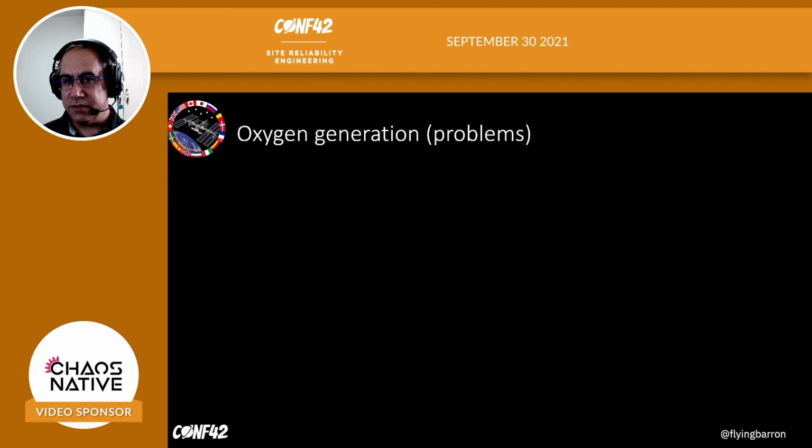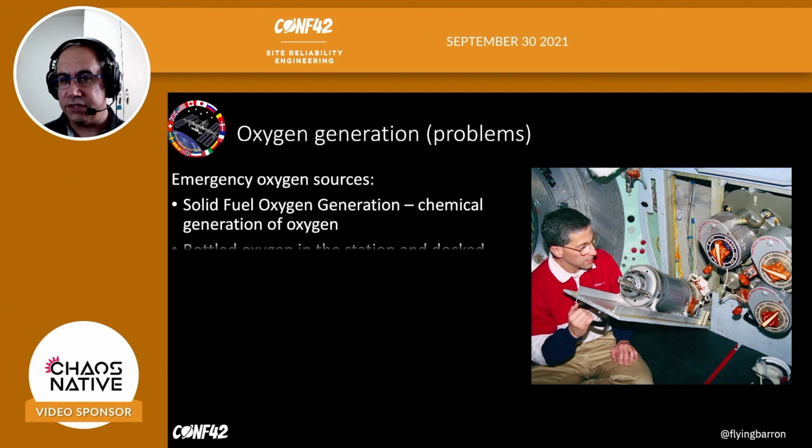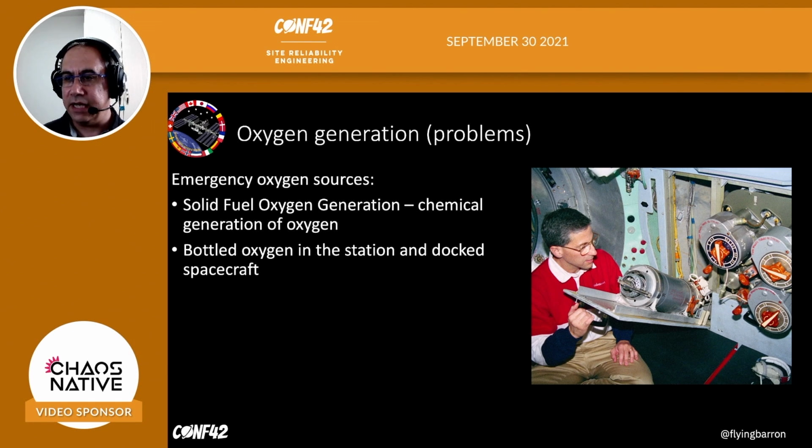When there are problems and these systems don't work, then there are emergency oxygen sources. You can see on the right here chemical bottles that are used to create oxygen, or even simple bottled oxygen, which is found in the station or docked spacecraft.